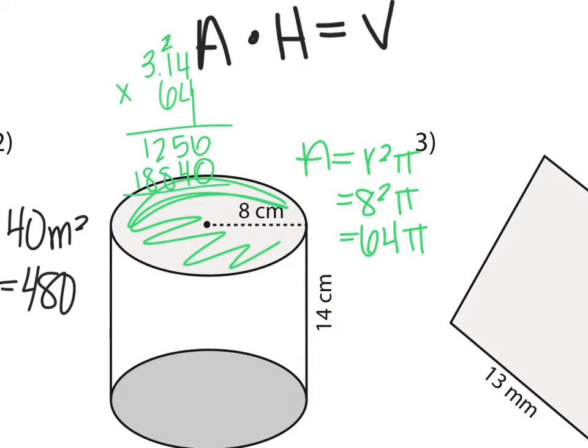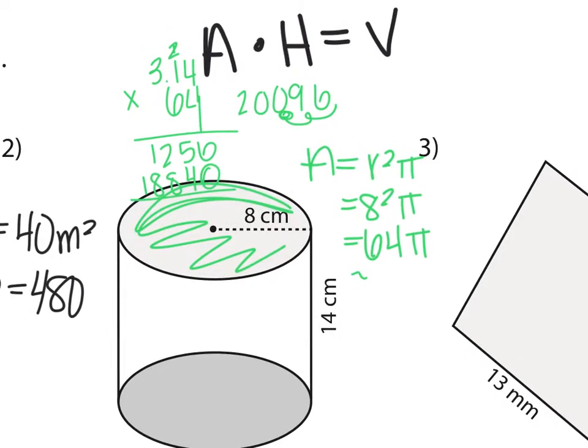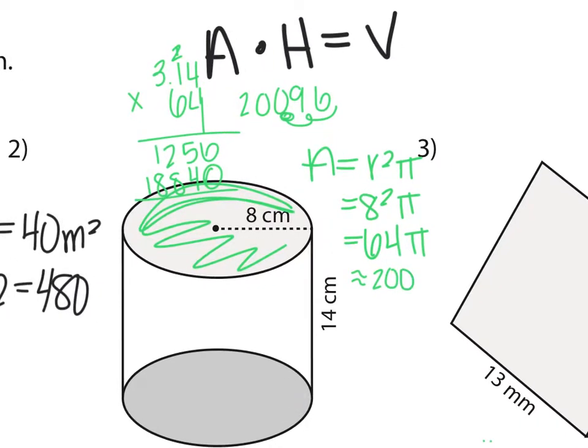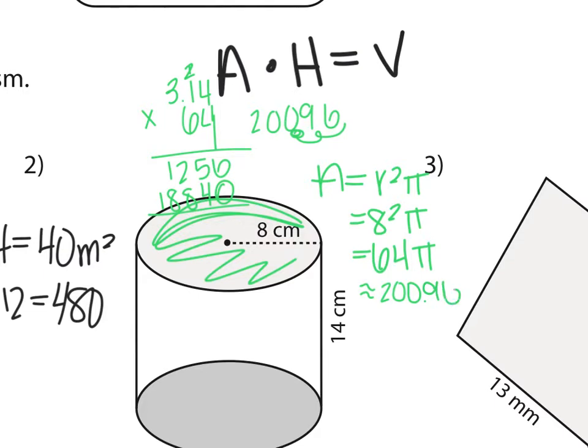If you add all those up and move 2 over because you have 2 decimal places, it is approximately, it's not exact, 200.96, and it's going to be centimeters squared. Again, it's approximate, it is not exact.